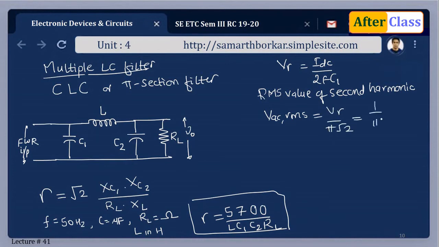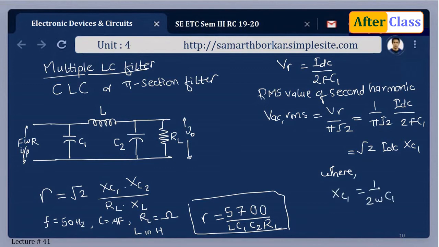So I can write this as pi √2 IDC by 2 f C1, or √2 IDC XC1, where I can write XC1 equals 1 upon 2 omega C1, or 1 upon 4 pi F C1.